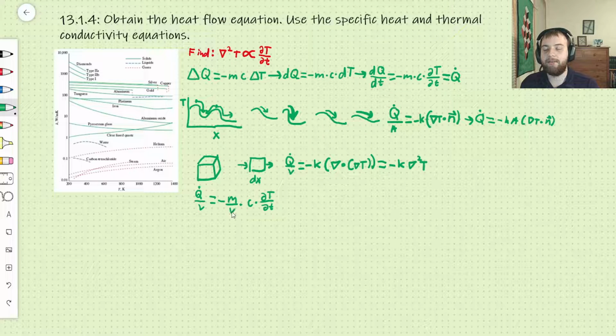And this is mass over volume. You all should know what mass over volume is. That is our density, rho. So minus rho c del T del t.